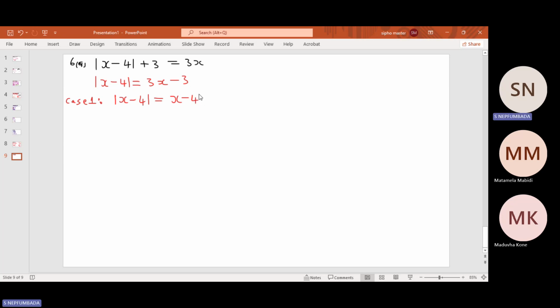Are we good? Yes. Which is greater than or equal to 0. As it is, x is greater than or equal to 4. Did you get it?